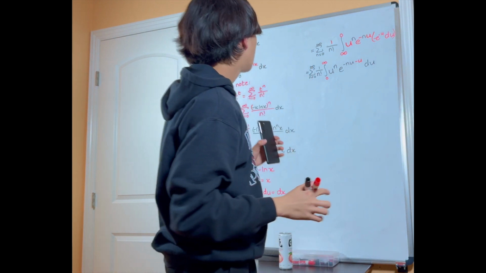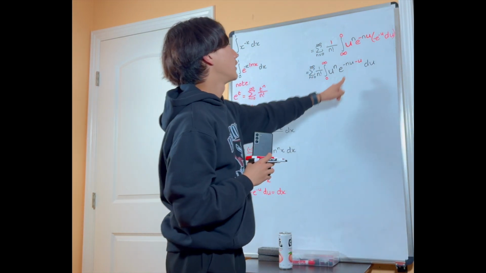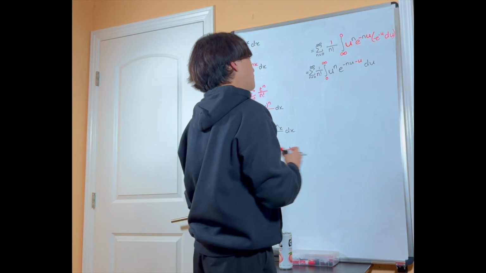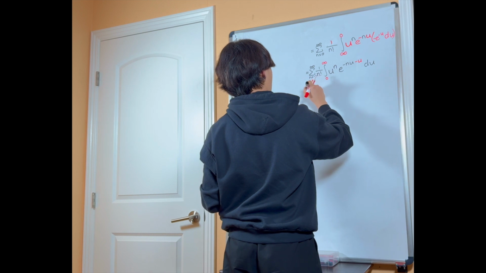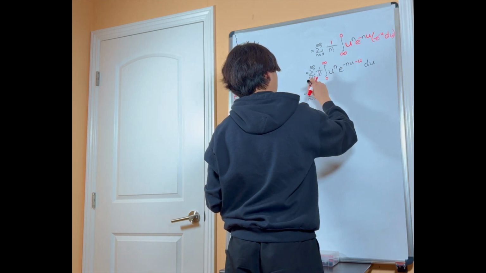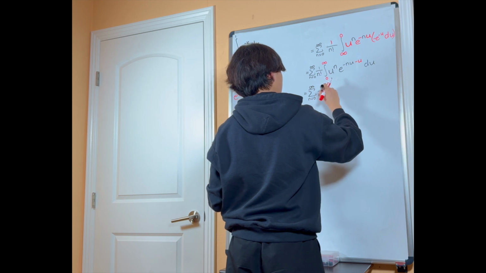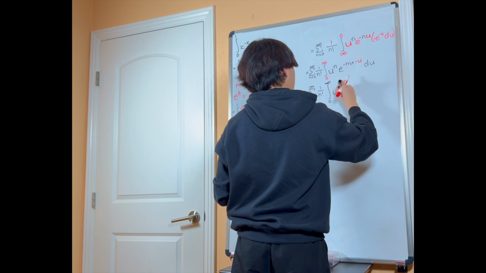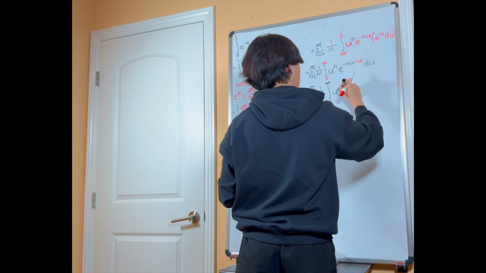Okay, now what? Here we can do more work. We can factor out a negative u and see what happens. So we still have this right here. You have u to the n, and then factor out the u.